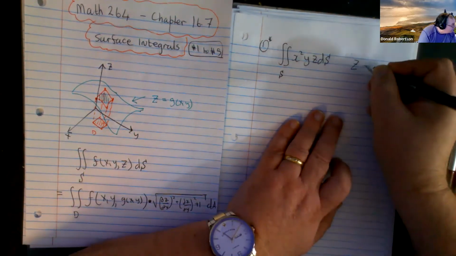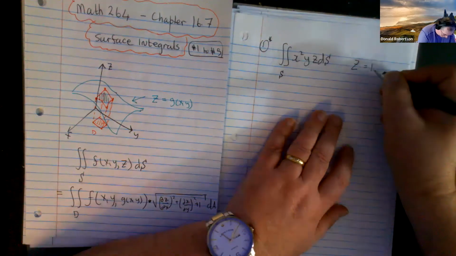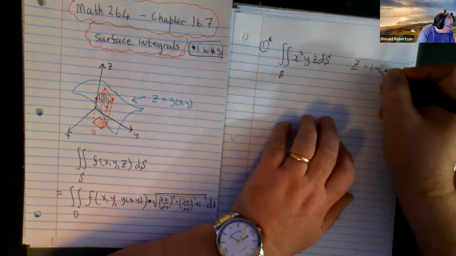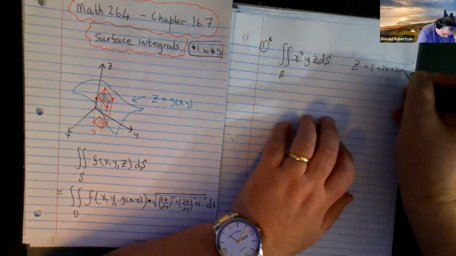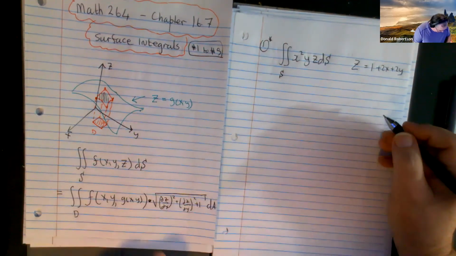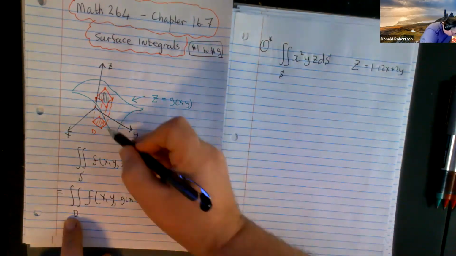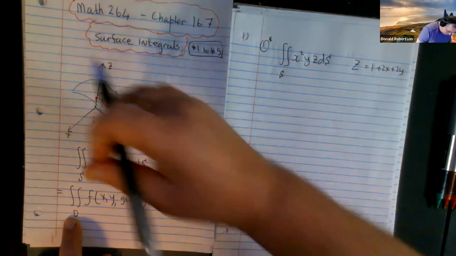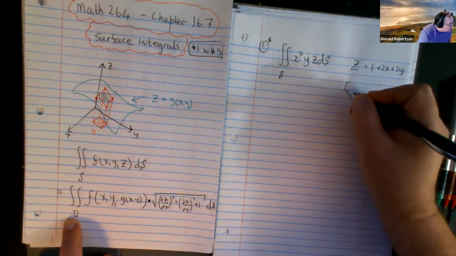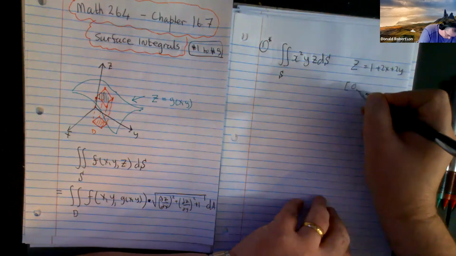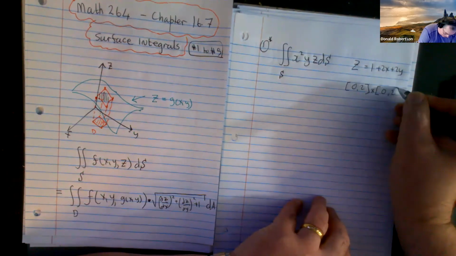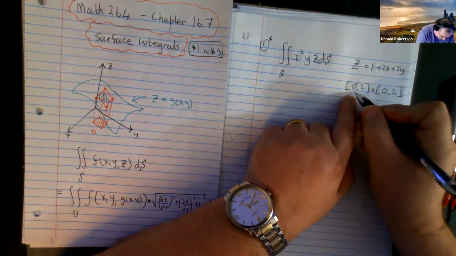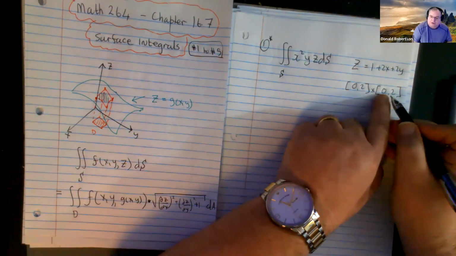The surface is going to be called z equals 1 plus 2x plus 2y. And this region D would be what you'd get if you projected onto the floor. And D is a nice simple box, at least to start the ball rolling, so x from 0 to 2, and y from 0 to 2.